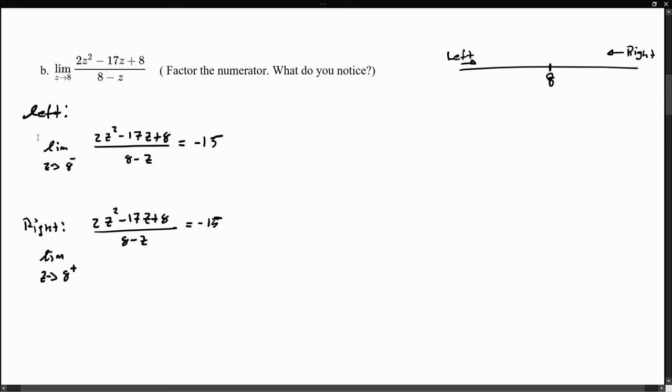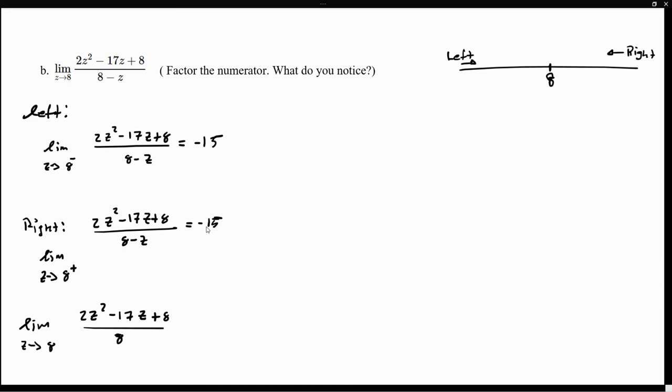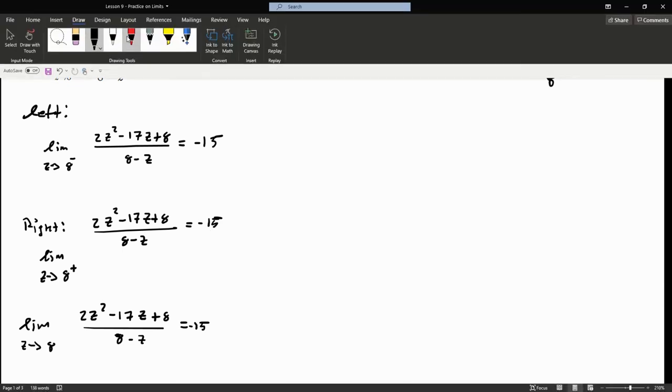And since from the left hand side it's approaching negative 15 and from the right hand side it's approaching negative 15 as well, then the limit of the function as z gets closer to 8 of 2z squared minus 17z plus 8 all over 8 minus z is equivalent to negative 15 as well.